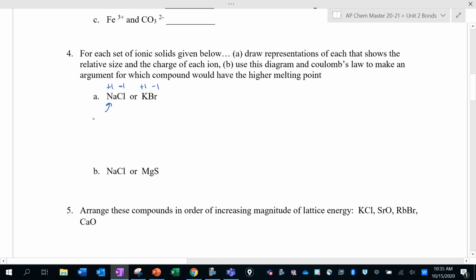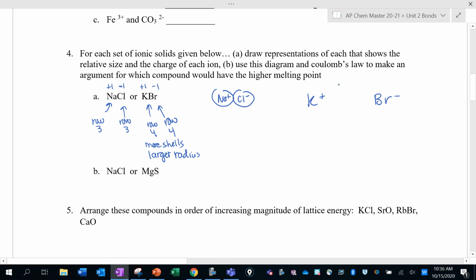Notice over here that sodium is in row 3, and so is chloride, whereas potassium is in row 4, and so is bromide. And we know that if something's in a lower row, it's got more shells, it's going to have a larger radius. So if I were to draw this out, sodium chloride might look like this, whereas potassium bromide might look like this.